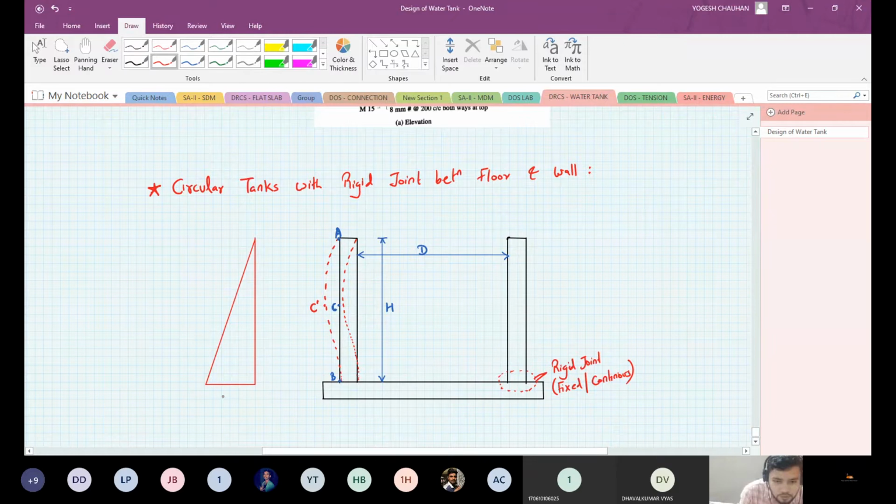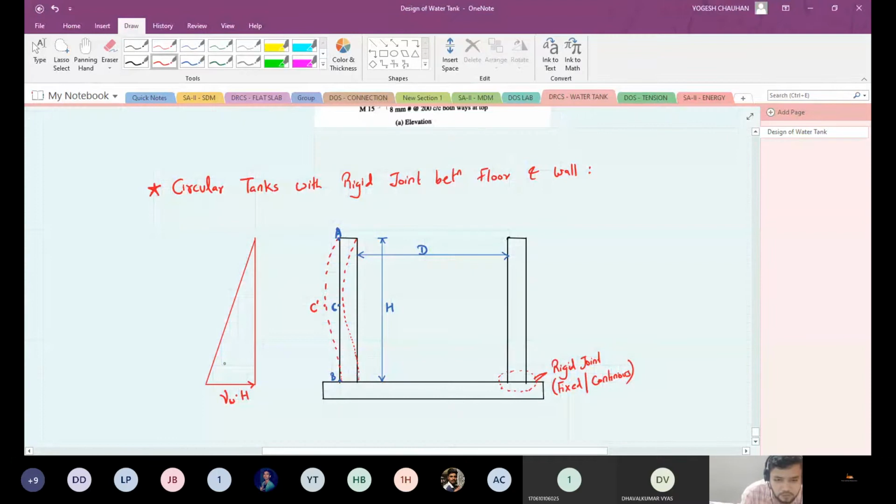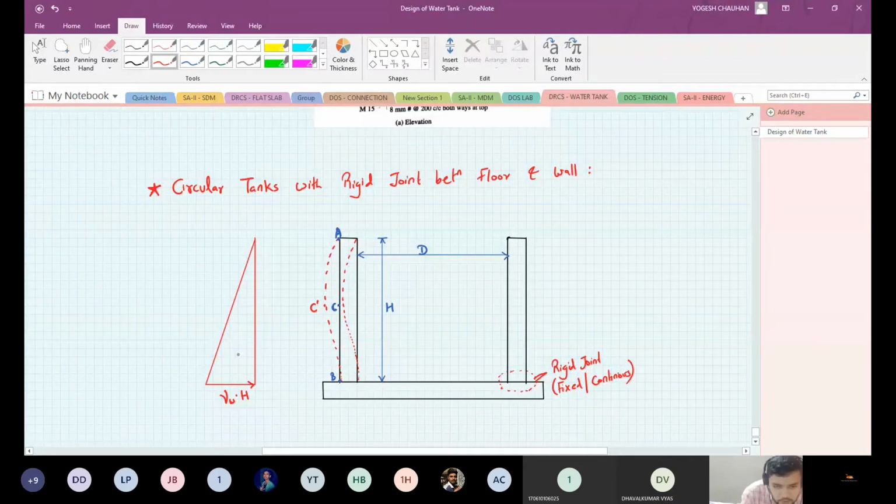The intensity of the pressure at the base is gamma W, that is the unit weight of water, times H. This is the pressure intensity at the base.